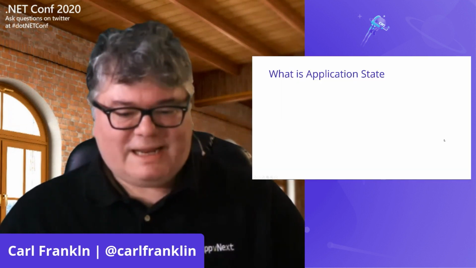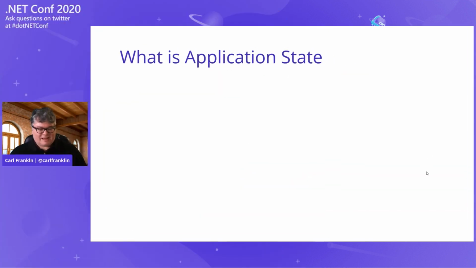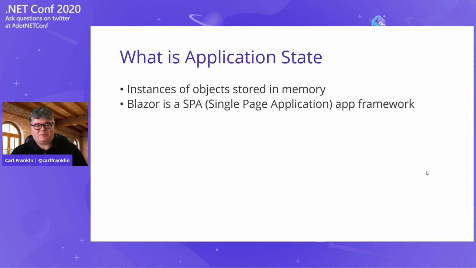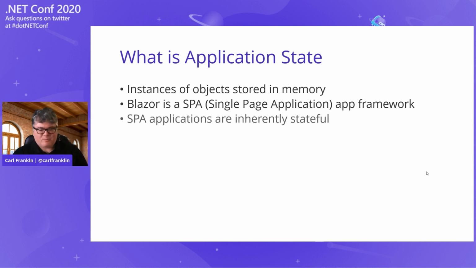So what is application state? Application state is essentially where you have instances of objects that are stored in memory. Normally these would be behind a page or a component in Blazor, but sometimes you want to share those things. Because Blazor is a SPA framework, SPA applications are inherently stateful.